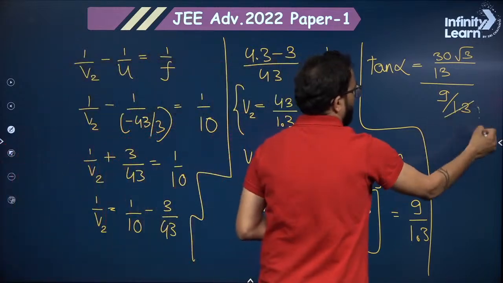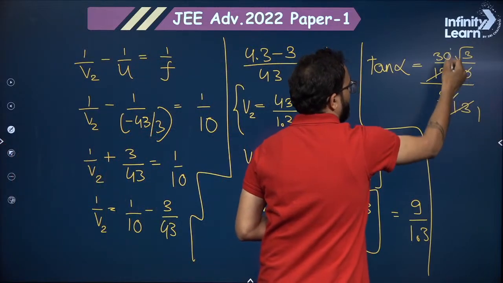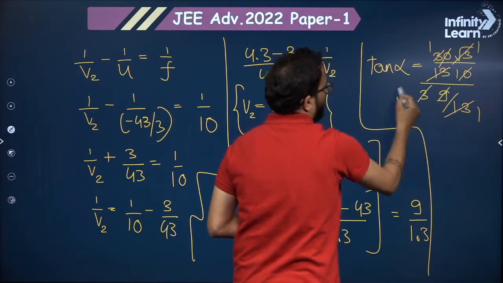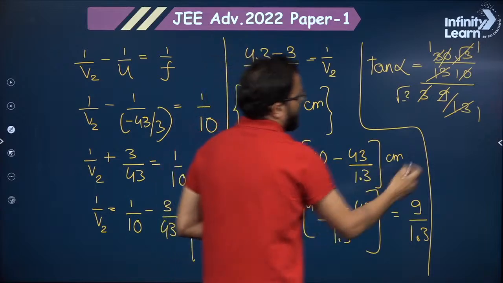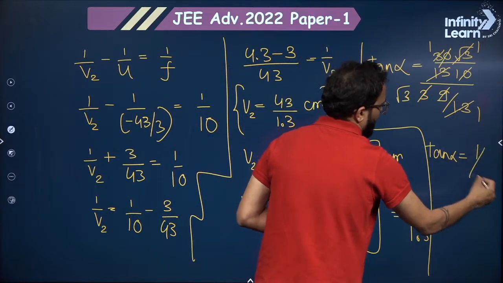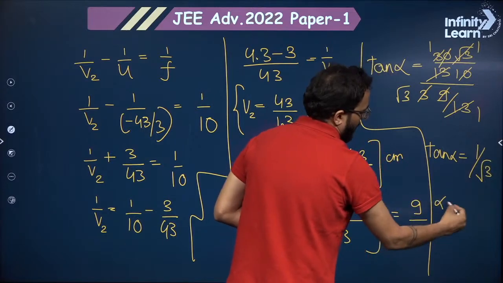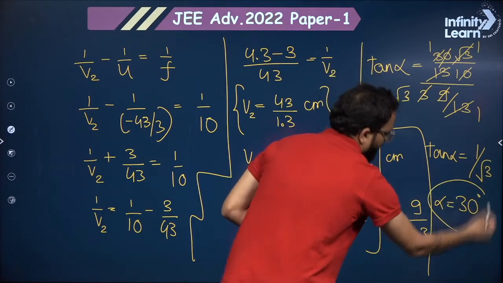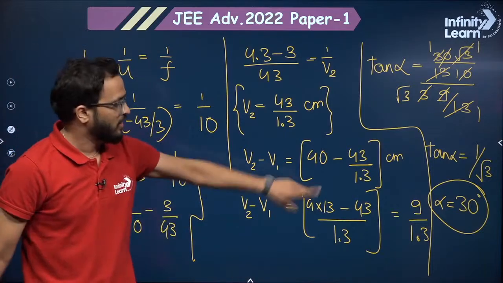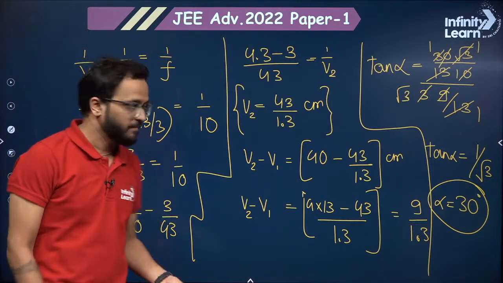So this will be, 13s are cancelled, 30s are cancelled. So what is the answer? Tan alpha is 1 by root 3. So alpha will be 30 degrees. Clear? So after solving this, we can say alpha is 30 degrees. Is it clear everyone?